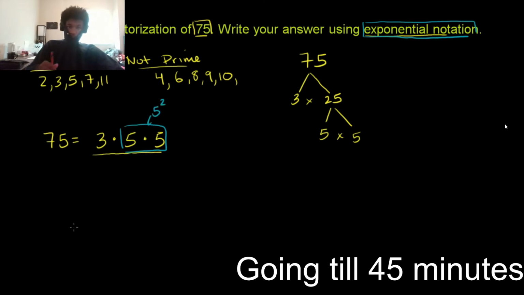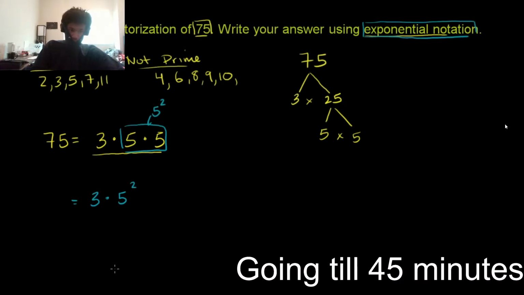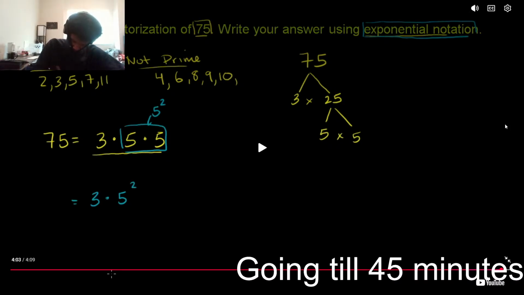So if we want to write our answer using exponential notation, we could say this is equal to 3 times 5 to the second power, which is the same thing as 3 times 5 times 5.